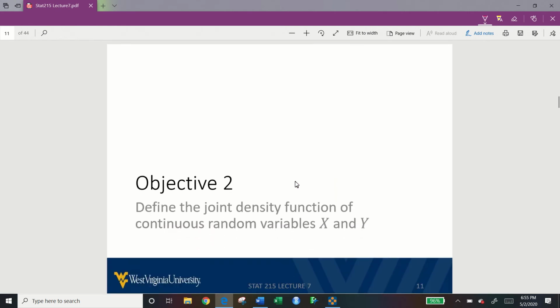Now let's take a look at objective 2: to find the joint density function of continuous random variables x and y.